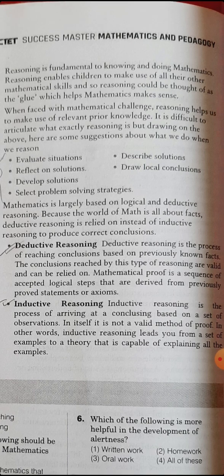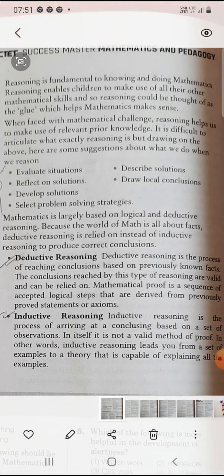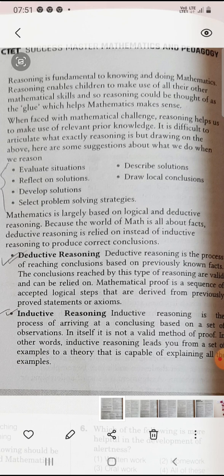It is difficult to articulate what exactly reasoning is, but drawing on the above, there are some suggestions about what we do when we reason: evaluate situations, describe situations, reflect on situations, develop situations, select problem solving strategies, describe solutions, reflect on solutions, develop solutions, and draw logical conclusions.